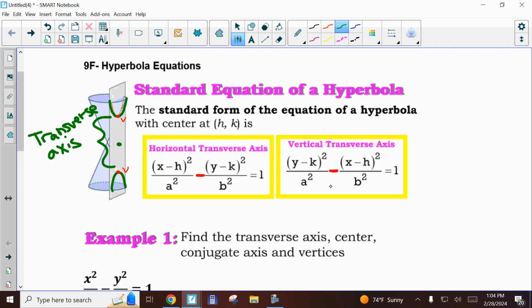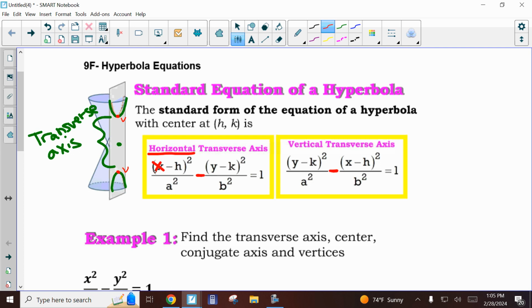So what I want to teach you first, before we get into the equation part, is how to tell which way the transverse axis goes. So this is an example of a horizontal, and the reason why it's horizontal is because x is first. You guys know which way the x-axis goes, right? The x-axis is horizontal. So whichever letter comes first in the equation determines which way the shapes are going to open.